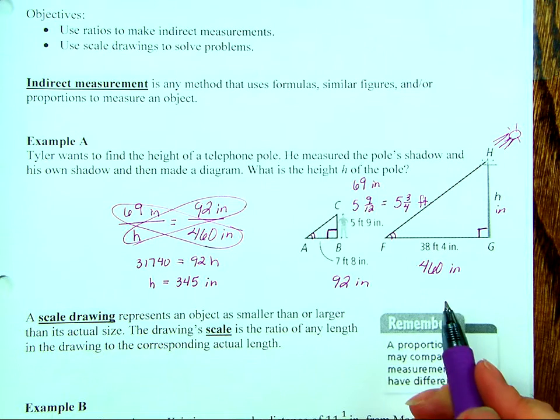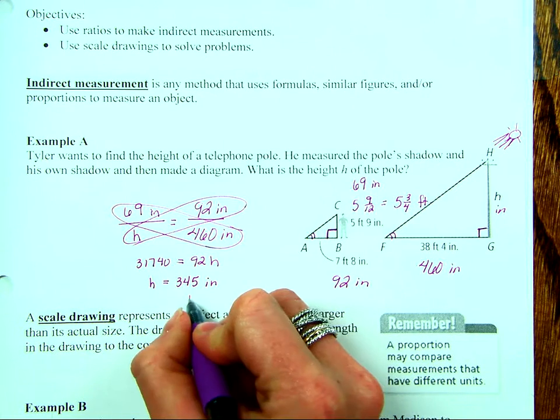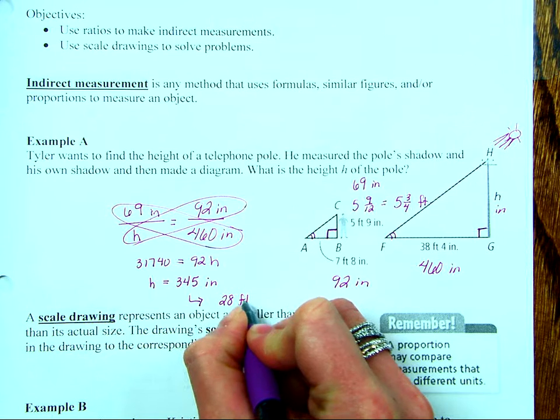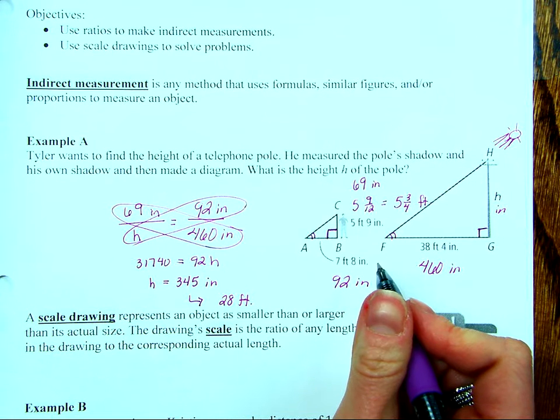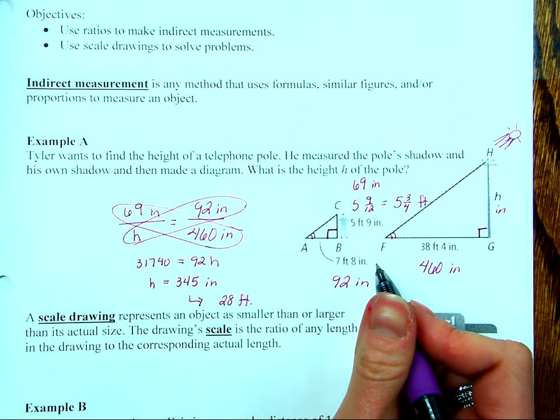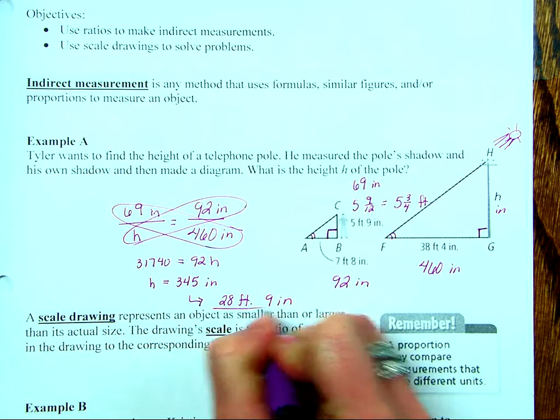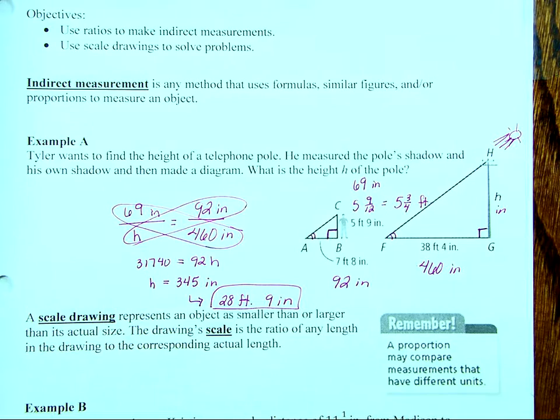So that tells me that we have 28 feet, and my inches would really be my remainder. What would be left over? Or you may know that 0.75 is 3/4, and 3/4 of a foot is 9 inches.